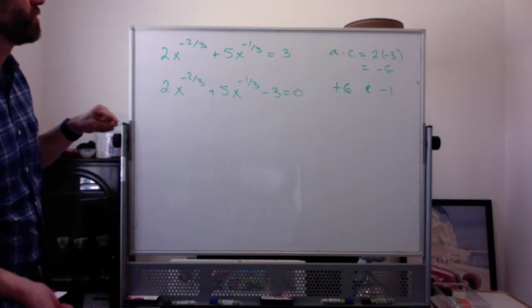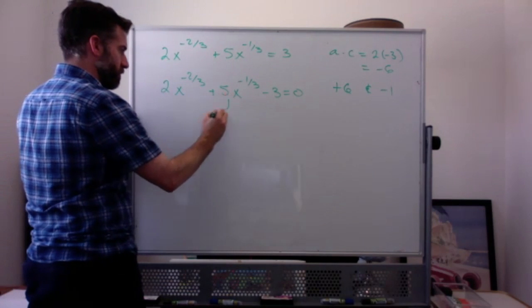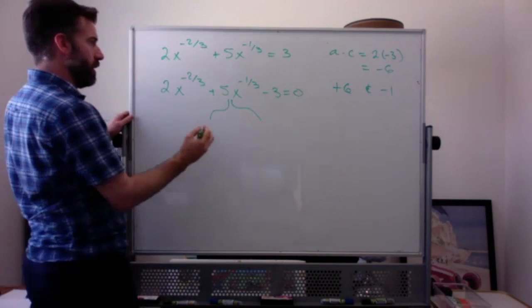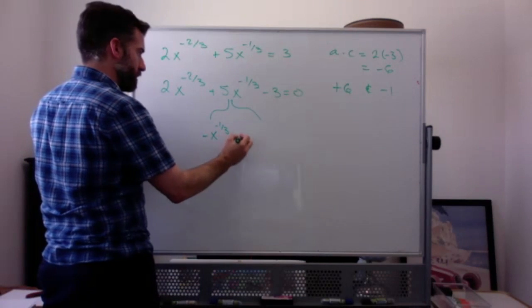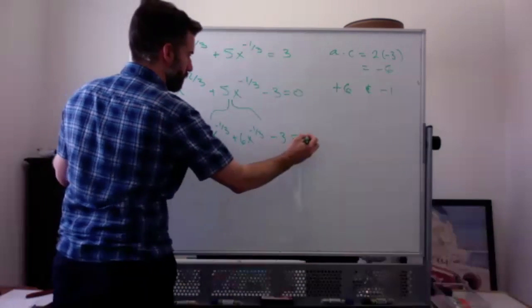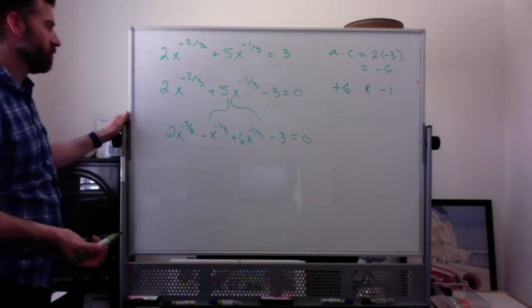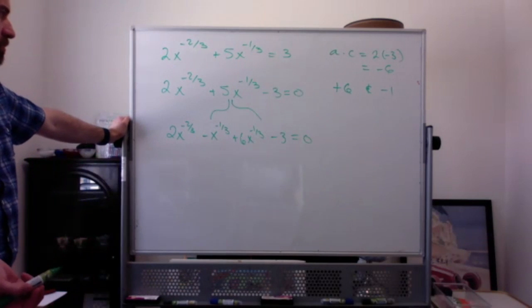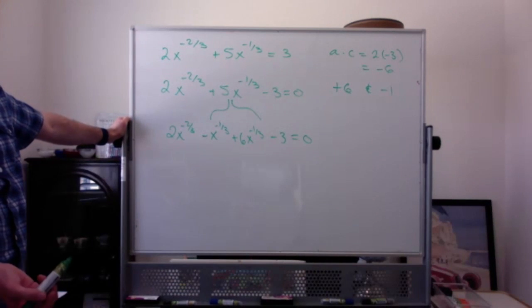That's the only way to multiply to negative 6 and add up to positive 5. Okay, so then we're going to rewrite this term as negative x to the negative 1/3 plus 6x to the negative 1/3. This is where something I said before isn't going to be exactly true.